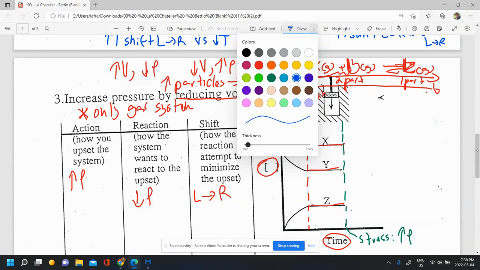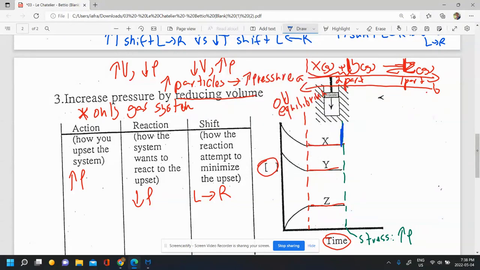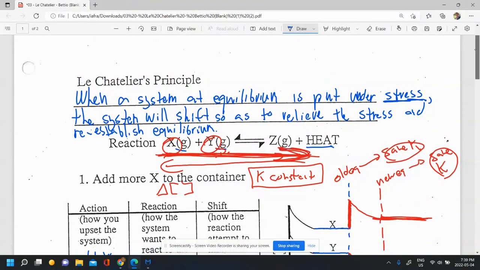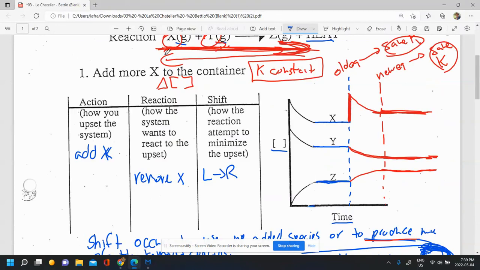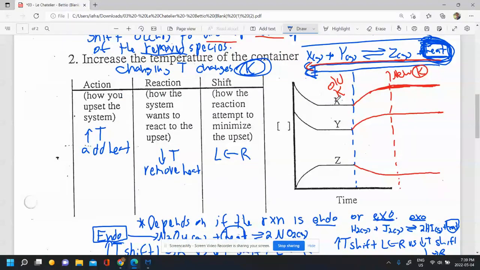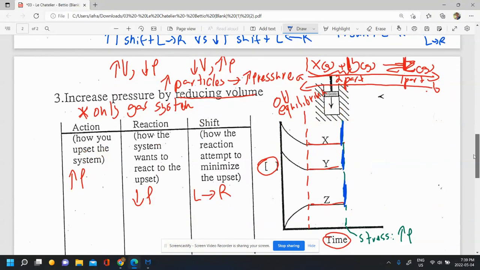You'll see this sharp increase immediately for all of the entities in the reaction, as long as they're all gases, which is different from when you were adding something. When you were adding something, the only thing that saw a sharp increase was the one that you added specifically, just the X, for example. With temperature, none of them saw a sharp increase. But when you have an increase in pressure, all of them see a sharp increase at the onset, and then afterwards things can decrease or increase as needed.